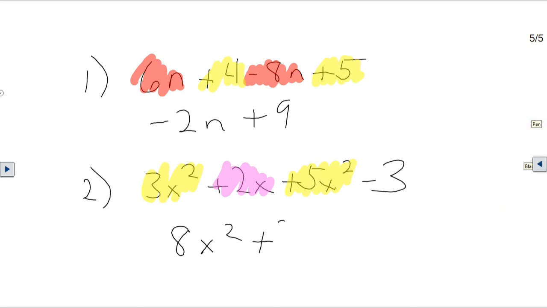No, I don't. So I'm going to leave that as just plus 2x. And I've got that constant at the end, minus 3. Can't combine that with anything. So that's our simplified expression, 8x squared plus 2x minus 3. Again, can't combine those together. We're just trying to simplify it as much as possible, shorten it as much as possible. That's as short as we can get it.